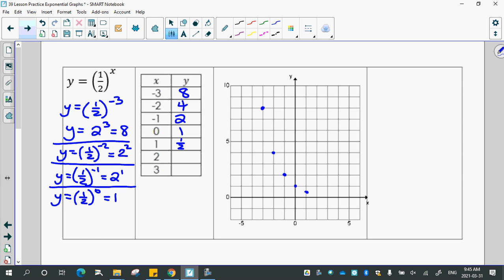A half to the power of 2 is a quarter, so 2 and 1/4. And then a half to the third is an 8th, so 3 and 1/8. And then we're going to have a horizontal asymptote along the x-axis. And then join with a smooth curve.